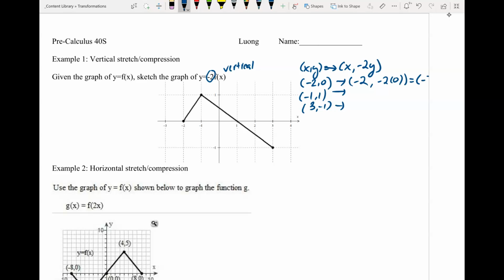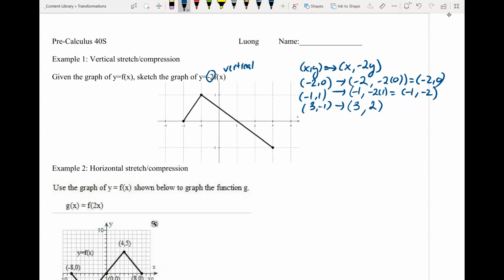So this is just (-2, 0), the same point. We'll leave negative 1 alone for our x. Then we have negative 2 times 1, which is negative 2, so (-1, -2). Then we also have a point at (3, -1). Once I transform this, negative 1 times negative 2 is positive 2.